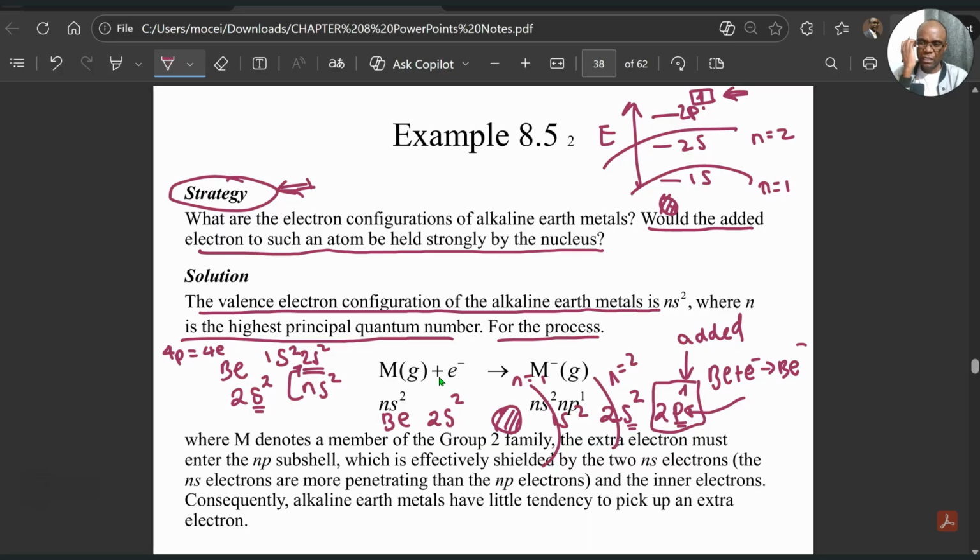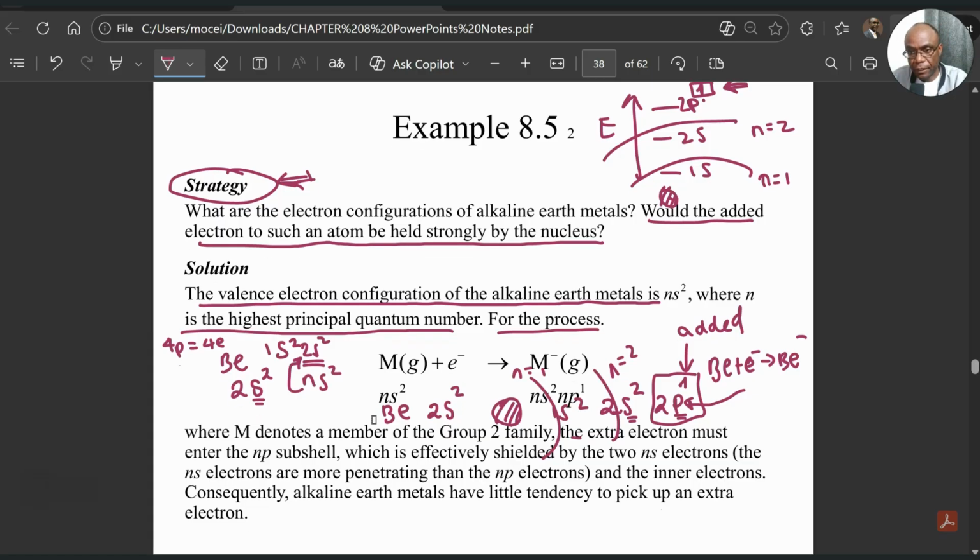Let me see what I can read for you here. The extra electron must enter the p subshell, which is effectively shielded or blocked by the s subshell electrons. The ns electrons are closer, more attracted and penetrating than the np electrons to the nucleus.